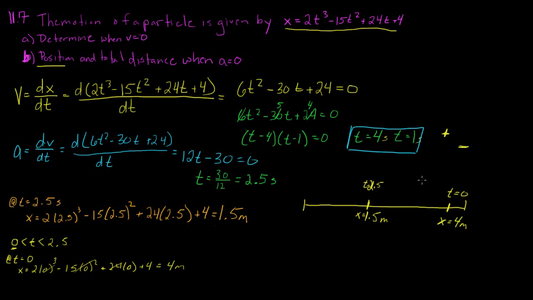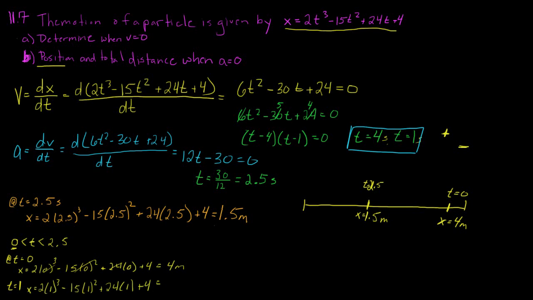And we want to check again where our velocity changes. So we want to check at t is equal to 1. When we plug this in for x, we get x is equal to 2 times 1 cubed minus 15 times 1 squared plus 24 times 1 plus 4.